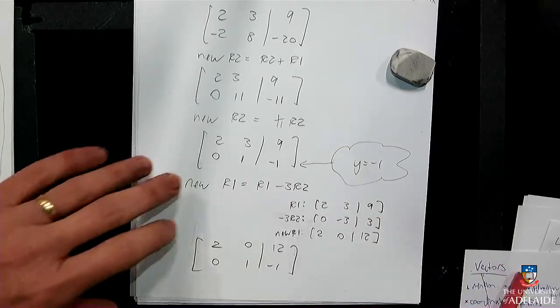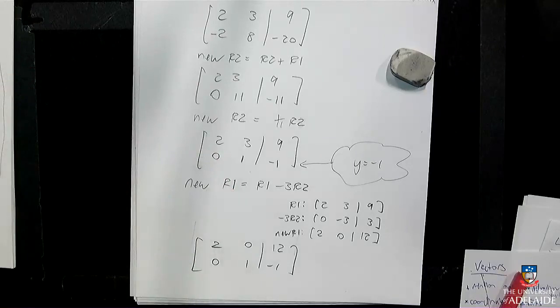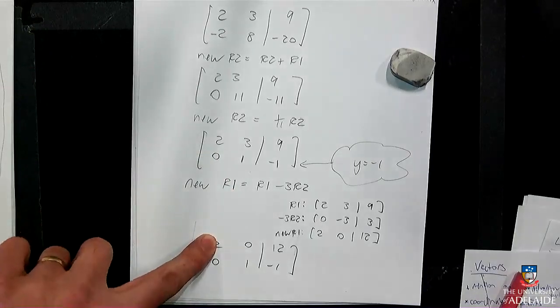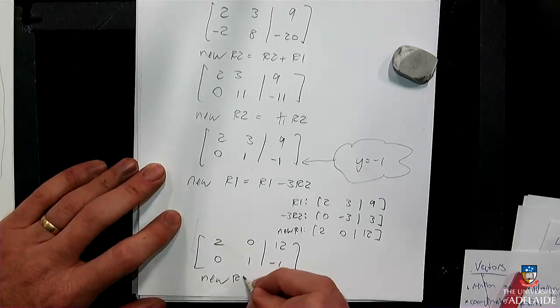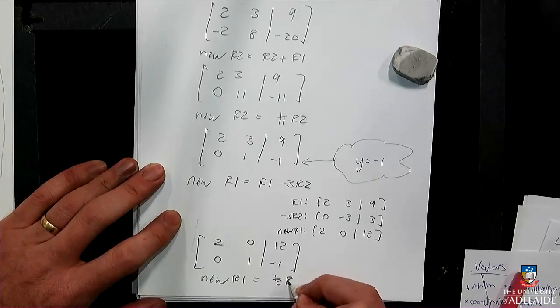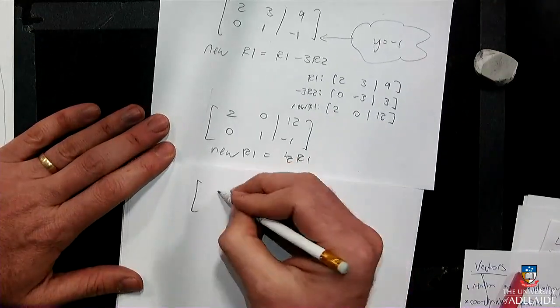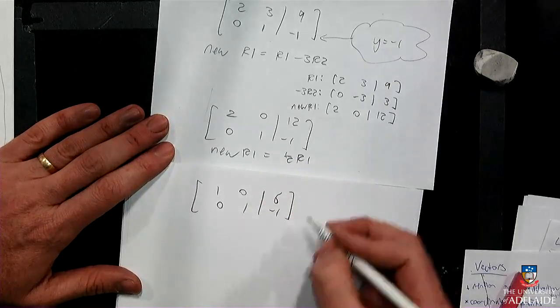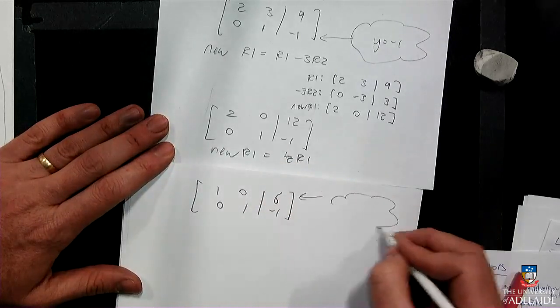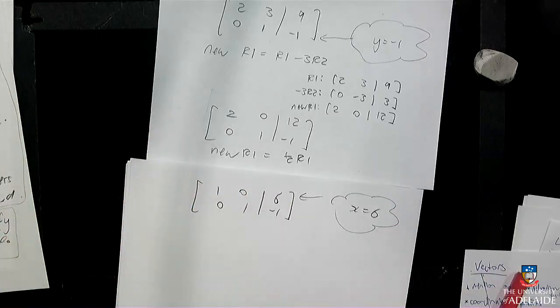So the point is that I do all of this in one go, and I don't lose this row that I just made. And then I'll divide that 1 by 2, but technically I have to multiply by a half. And now this row means that x is 6, because it's 1x and 0 y's is 6, which is the same as just saying x is 6.